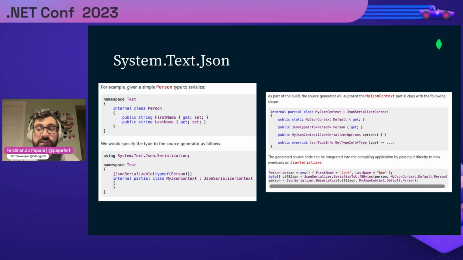But the properties of an object are already known at compile time, so you could even write the serialization yourself. What the source generator does is go into your code, find the JSON serializer context, find the classes that need to be serialized, and generate the whole serialization step at compile time.